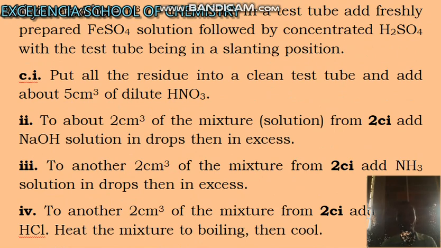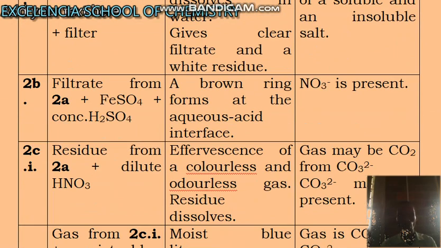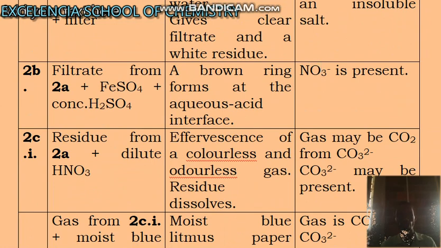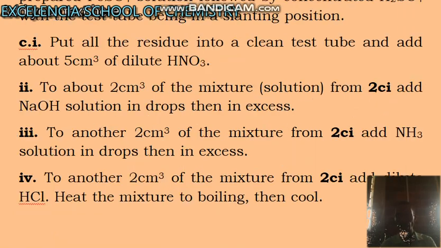Okay, sorry, 2Ci first, before 2Cii. 2Ci says that we put all the residue in a clean test tube and add some dilute HNO3. Now dilute HNO3 is used.